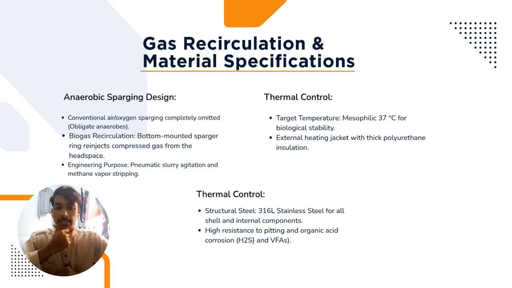To maintain biological stability, the system is wrapped in a heating jacket set to mesophilic 37 degrees Celsius. Because hydrogen sulfide and volatile fatty acids make the environment highly corrosive, all internals and the shell are specified as 316L stainless steel to prevent pitting and ensure plant longevity.